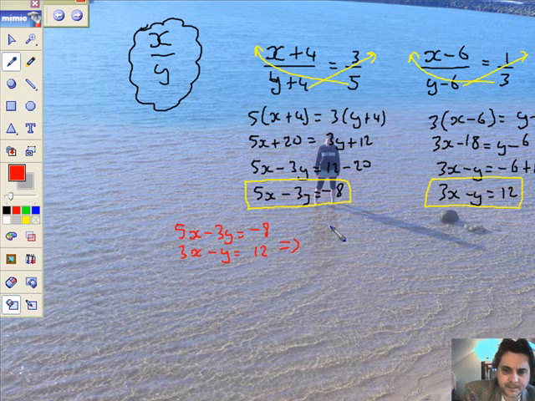So that's going to become, leave that one on its own, 5x minus 3y is minus 8, and multiplied by 3 at the bottom there, 9x minus 3y will become 36. So I just did times 1 and times 3 there, just for the record.